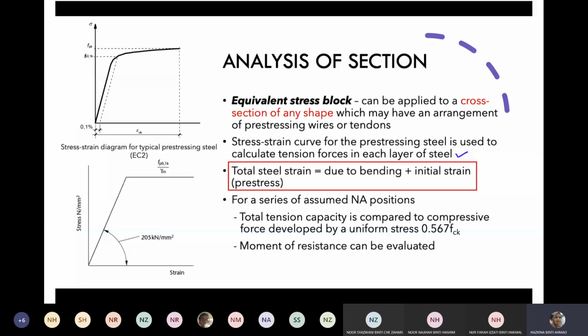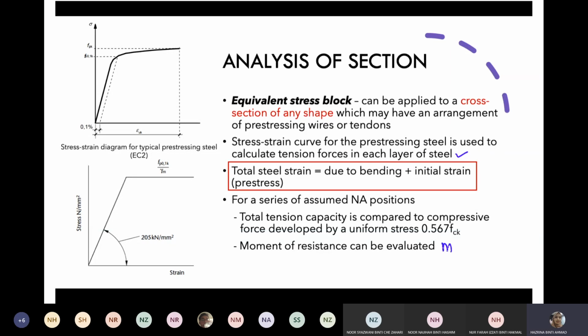Then we calculate the total steel strain, which is due to bending and also due to the initial strain from the pre-stress. For a series of assumed neutral axis positions, the total tension capacity is compared to the compressive force developed by a uniform stress of 0.567 FCK. And from there, the moment of resistance can be evaluated.